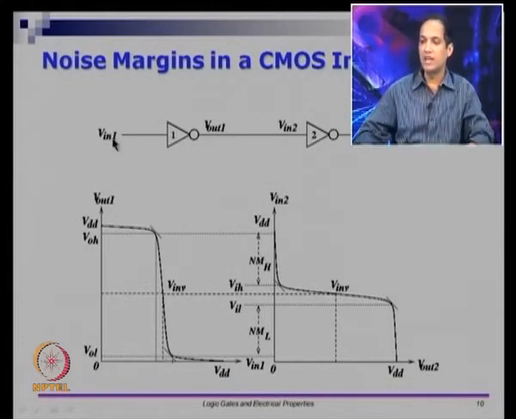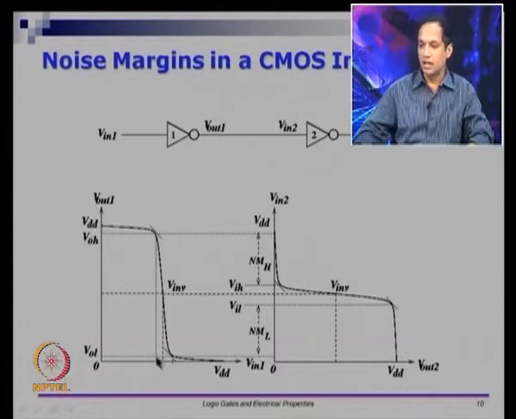So let us apply a small voltage at the input here. Let us assume that V in 1 is something very small. If V in 1 is very small, then V out 1 will be very close to VDD. You can see that here. If I apply something here, then V out will be very close to VDD.